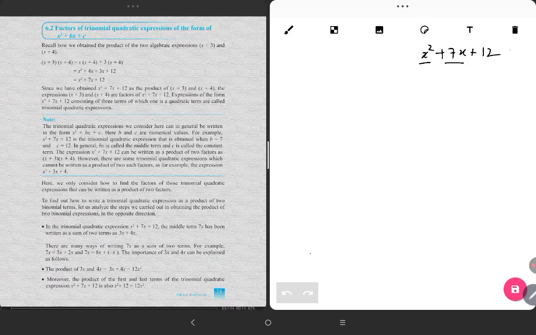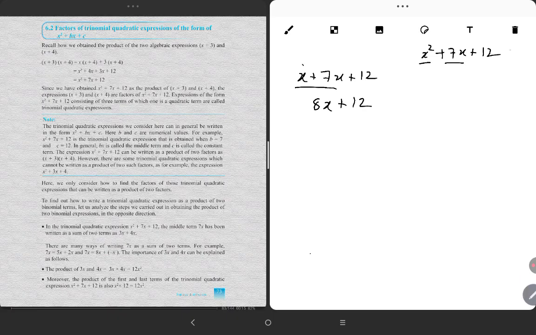If somebody had something like x plus 7x plus 12, this in fact is not a trinomial expression, because we can add these two, x and 7x, because those are of the same type. So we write it as 8x plus 12 and so forth, right? So then it's still not three terms there.